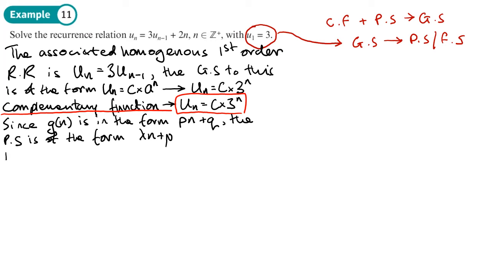So our particular solution is going to look like this: u_n equals lambda n plus mu.